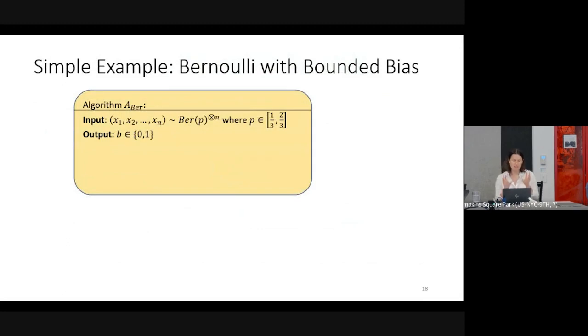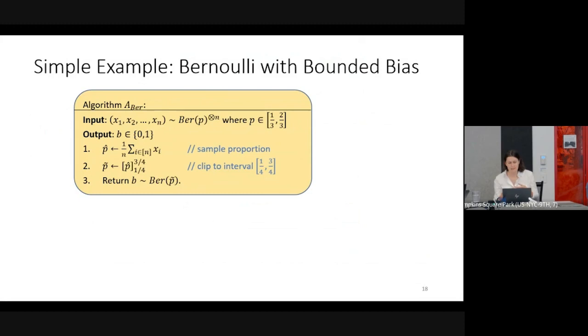So here's a simple example of an algorithm for sampling from a Bernoulli with bounded bias. The algorithm gets n draws from this Bernoulli as input and just needs to produce a single bit as output. So what we can do is compute the sample proportion, clip to a slightly smaller interval, 1/4, 3/4, and then return a sample from the resulting Bernoulli.